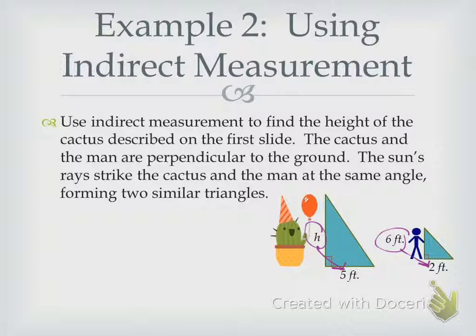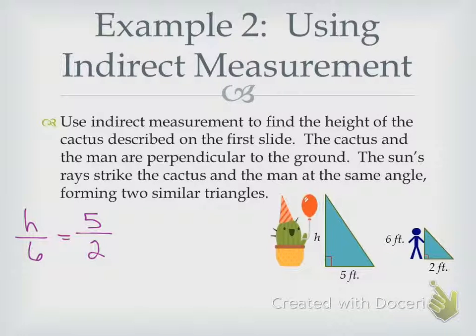Do you see that? There are several ways that you can set up the proportion. Sticking with what we've been doing so far, we're going to use our corresponding sides. So height of the cactus over height of the man equals the length of the shadow of the cactus over the length of the shadow of the man.